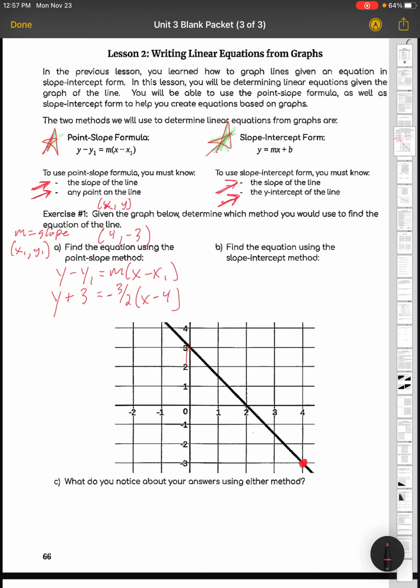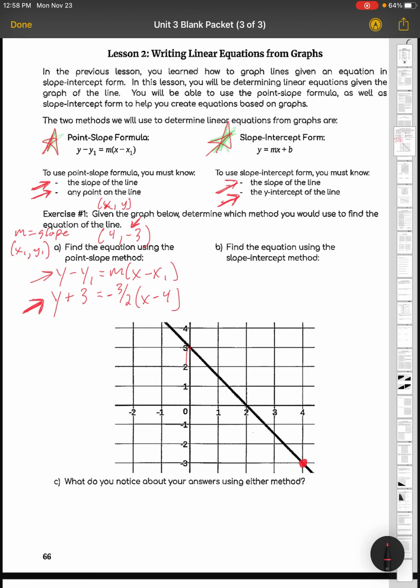So again, y minus -3 would be y plus 3 equals our slope, down 3 to the right 2, times x minus x1, where x1 is the coordinate 4. So that's what it would look like if we wanted the equation of this line in the point-slope method.